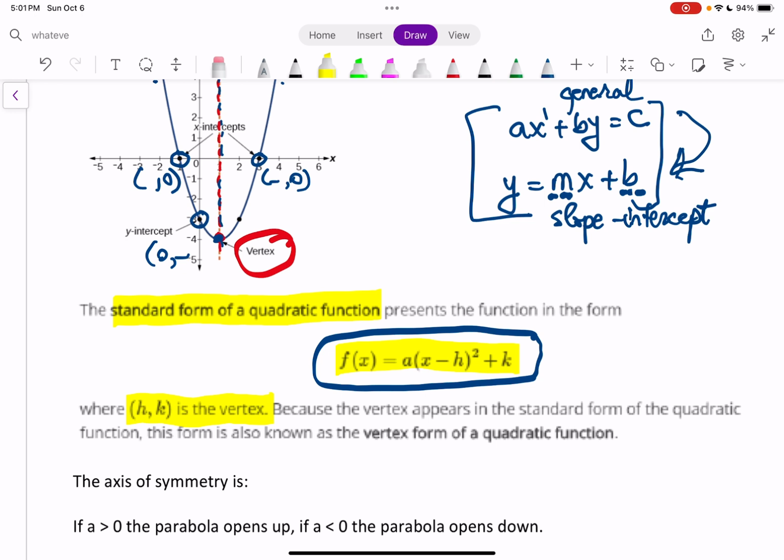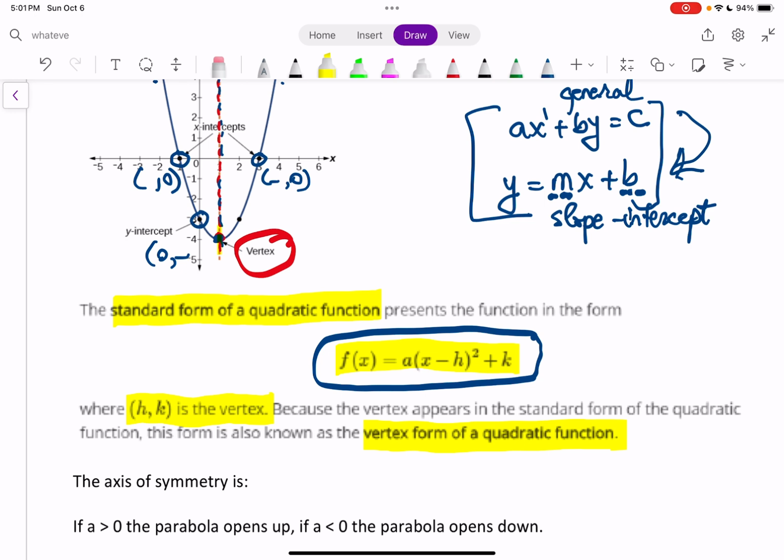Okay, and that's important because remember what I said, if you want to graph a parabola, you have to know where its vertex is. Yes. And so because this format gives us the vertex of the parabola, we also call this the vertex form of a quadratic function. Much better because we know, oh, that's the form that we have the vertex given for.